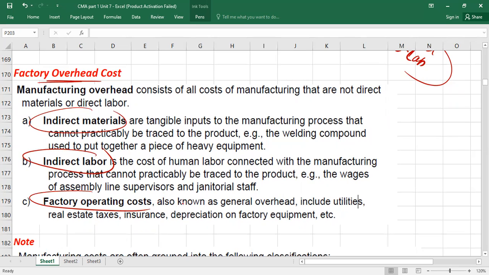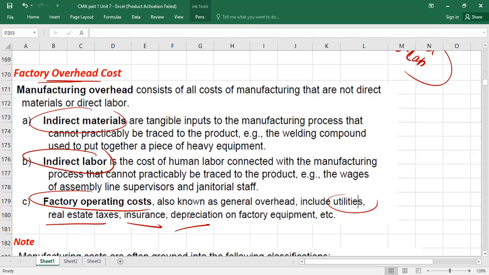Which factory costs could be there? For example, it could include the cost of utilities like electricity, water, gas, these kinds of things. It can include real estate taxes. Maybe you are paying some property tax on the factory. Obviously this cost is due to the factory, so that is also overhead cost. It might include insurance of the factory plant and machinery, also overhead cost.